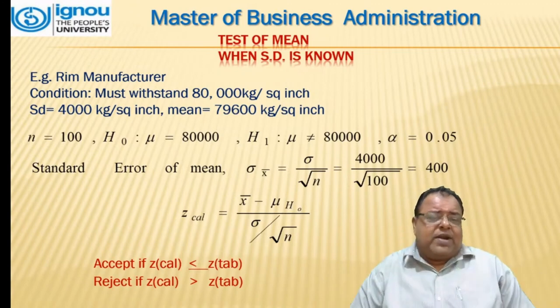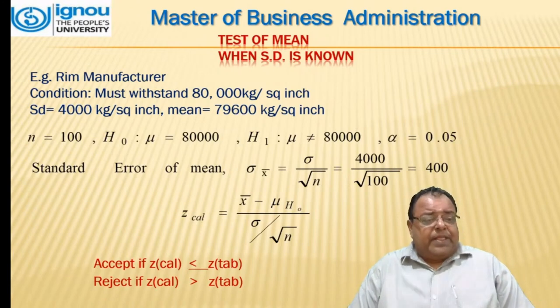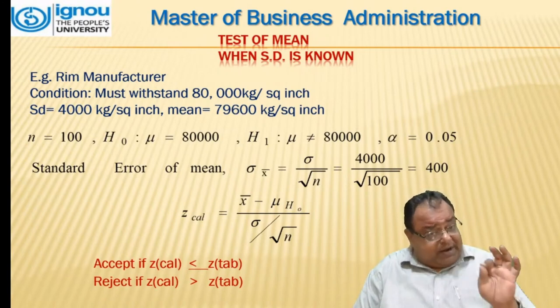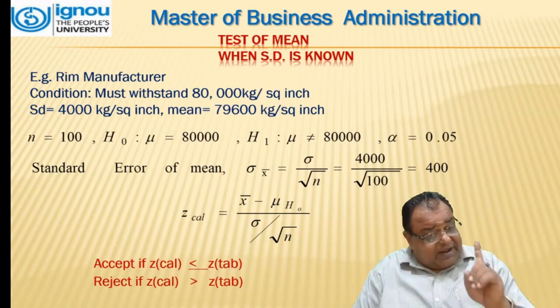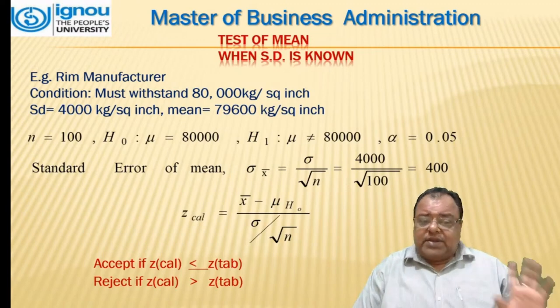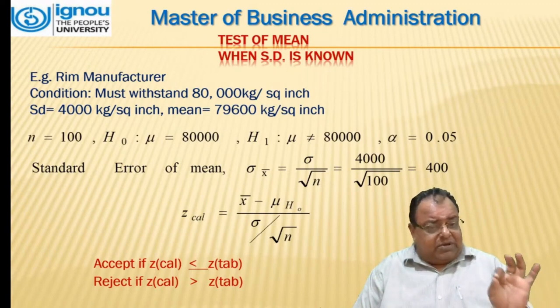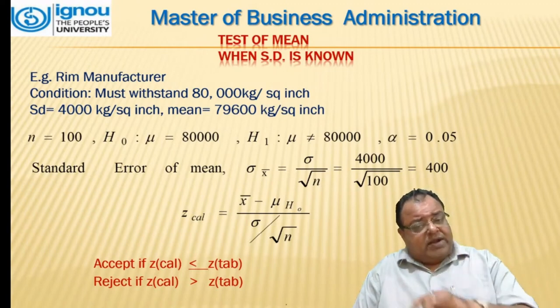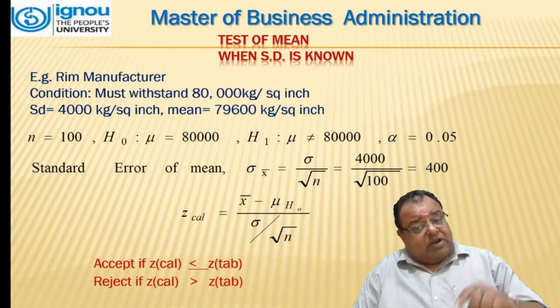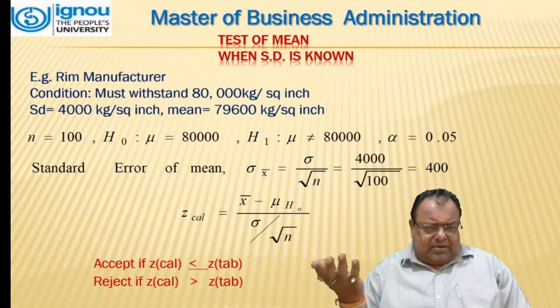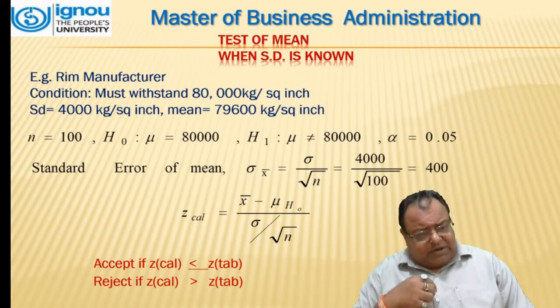Mathematically, we are going to convert it into mathematical terms. It must withstand 80,000. That means the null hypothesis will be H naught: mu is equal to 80,000, and your alternate will be H1: mu is not equal to 80,000. Normally we select alpha equal to 0.05.